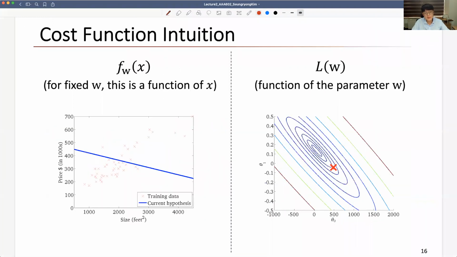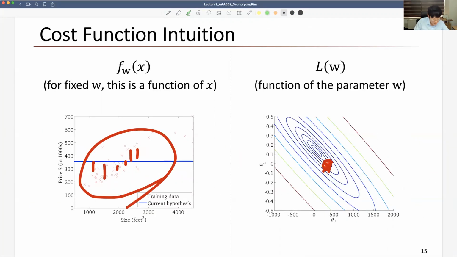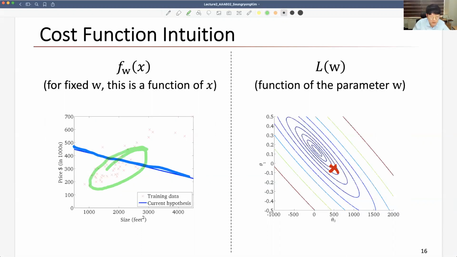And what about this point? It seems like this straight line approximated this given data set well, compared to this one, but it's not optimal, right?